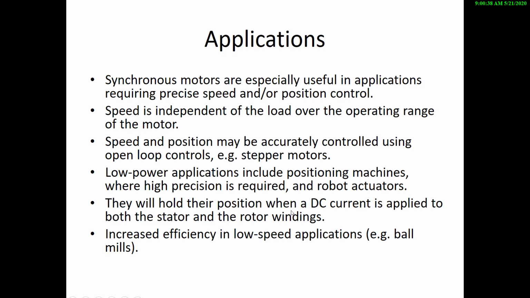They are fit for positioning when DC current is applied to both the stator and rotor windings, and speed and position may be accurately controlled using open loop controls. Examples are stepper motors. Speed is independent of the load over the operating range of the motor. This is about the application of the synchronous motor.